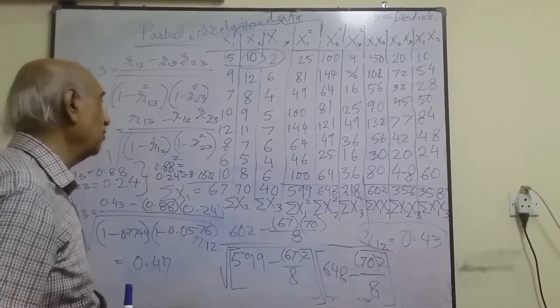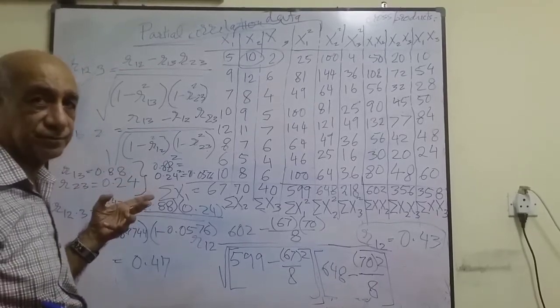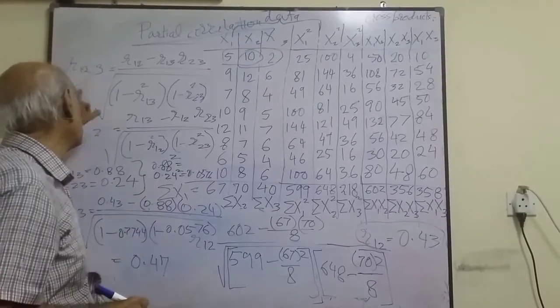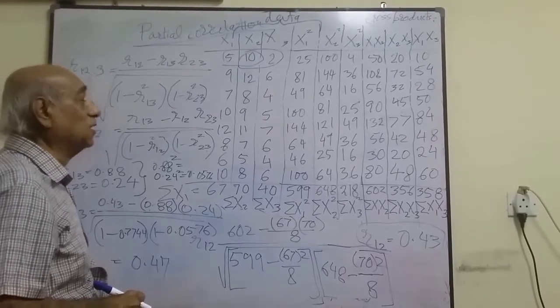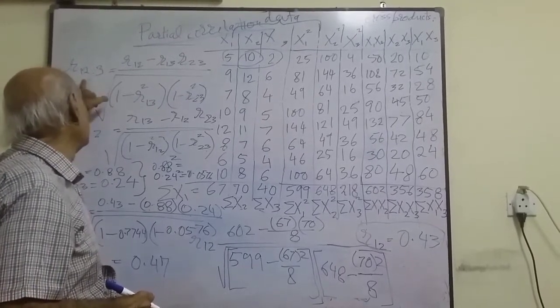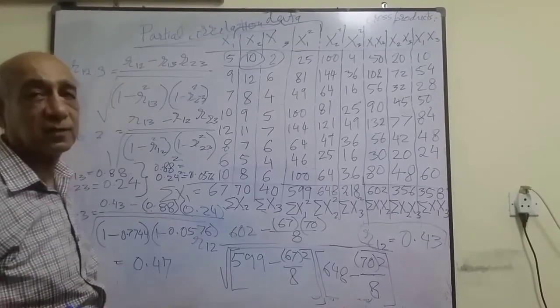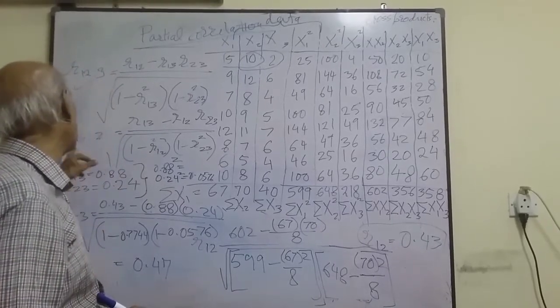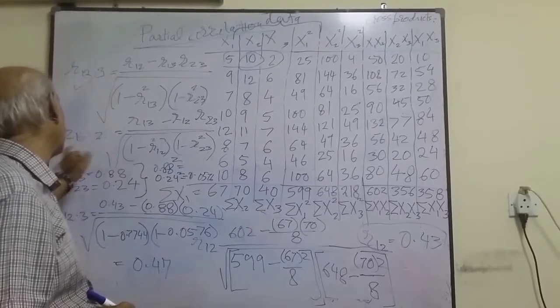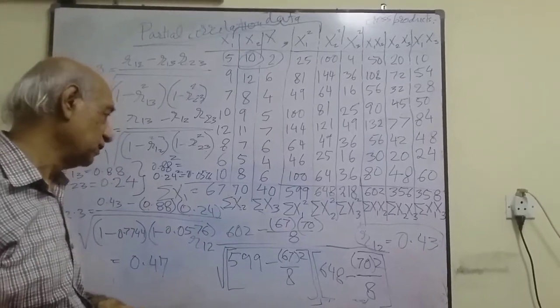So, if you have 3 variables, you can get 3 partial correlations, right? I have shown you the calculation for R12.3, that is the partial correlation between variable 1 and 2 when variable 3 is held constant. In a similar way, you can solve R13.2 and R23.1. Okay, so that is it.